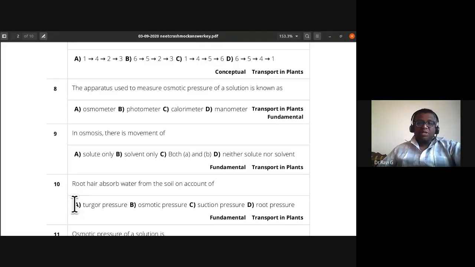No, not root pressure. It is on account of option A, turgor pressure from the root hair into the xylem. That is by osmotic pressure, but absorbing it from the soil, it is on account of the turgor pressure. A, turgor pressure. Okay.